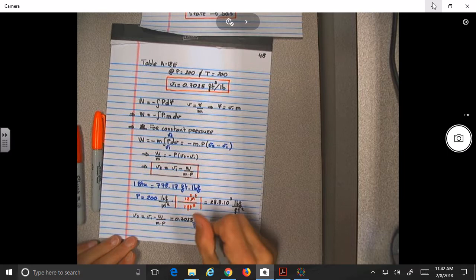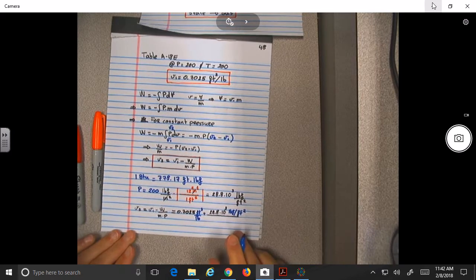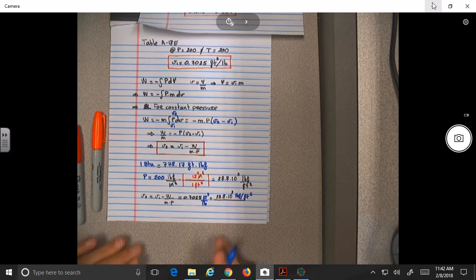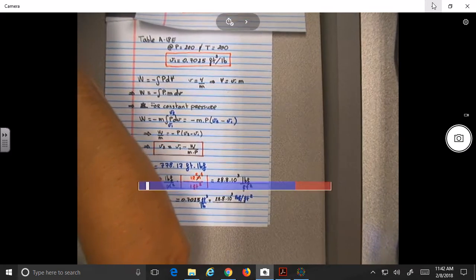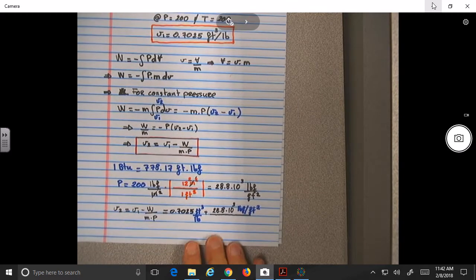So let's see, what do we have? 28.8 10 to the 3 lbf divided by square foot. Maybe I can zoom in a little bit if that helps. Does that help a little bit, or is it a minus?